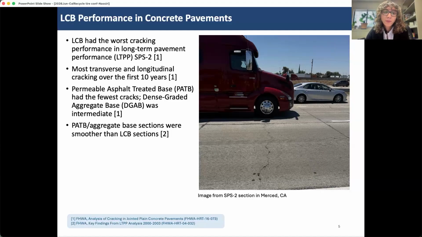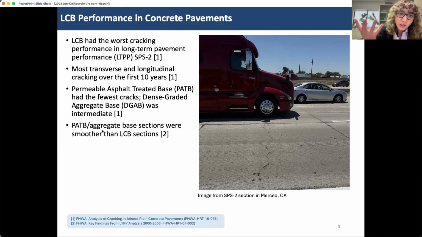There is a national study called the Long-Term Pavement Performance database, and this includes various test sections that the departments of transportation monitor over the years and provide the data to this national program. One of the test studies in this program focuses on the base type and compares 3 different base types: one of them being LCB, the other one being an asphalt treated base, and the last one being an aggregate base.